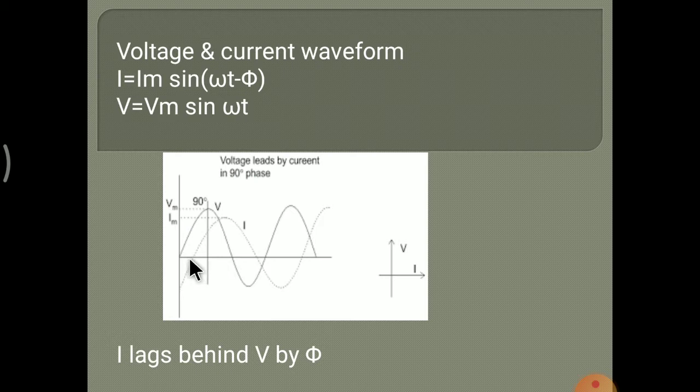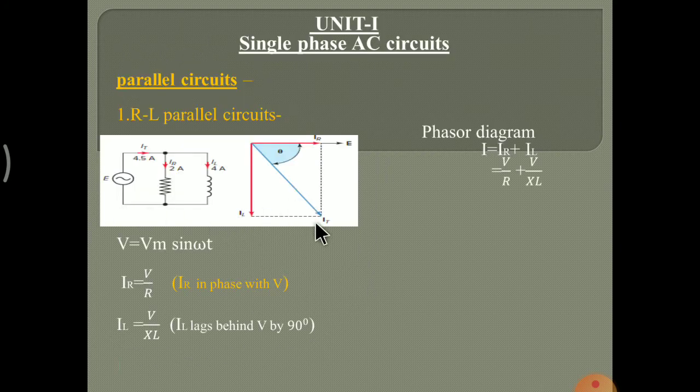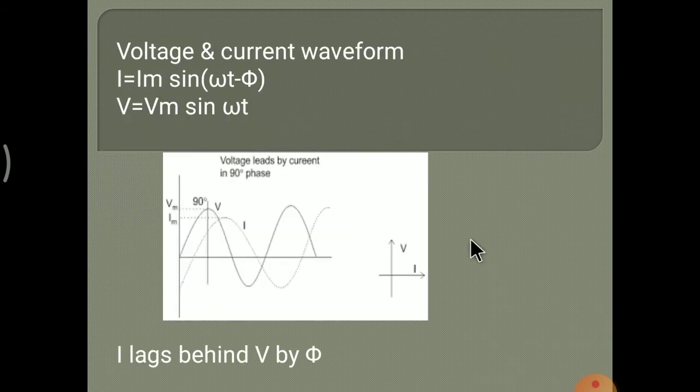This is the phase difference, angle phi. After angle phi, the current waveform starts. So the current waveform starts after the voltage waveform, so current is lagging the voltage. Also in the phasor diagram, we see the equivalent current is lagging the voltage by angle phi. Like that, in the waveform, current is lagging the voltage.